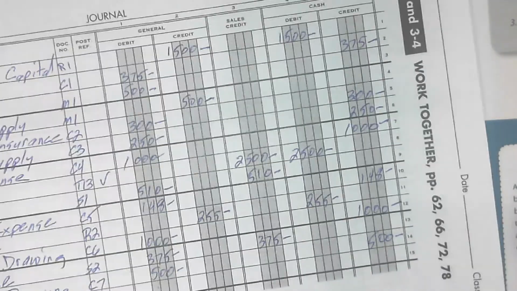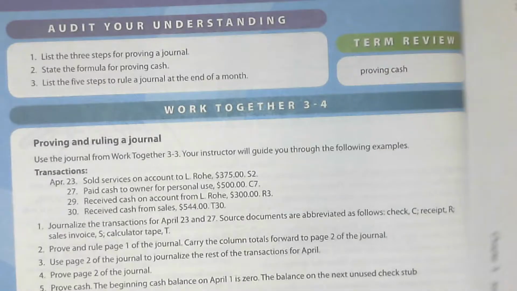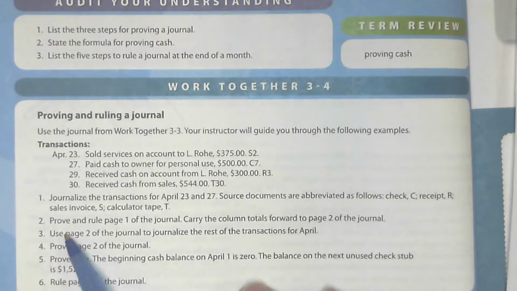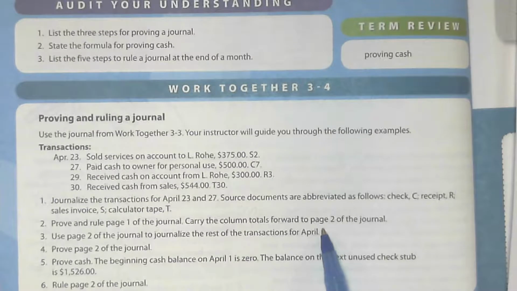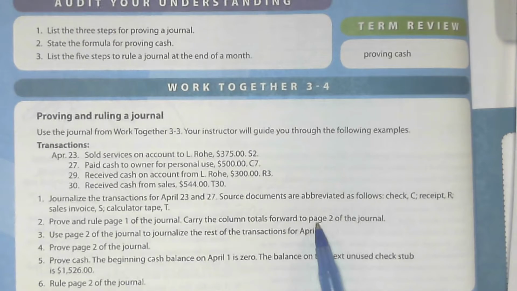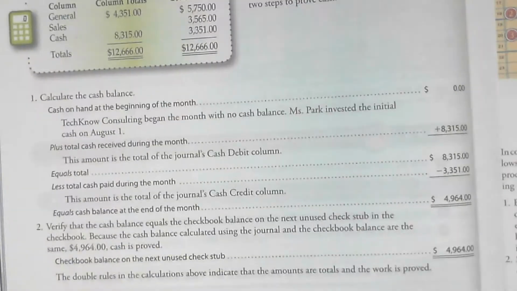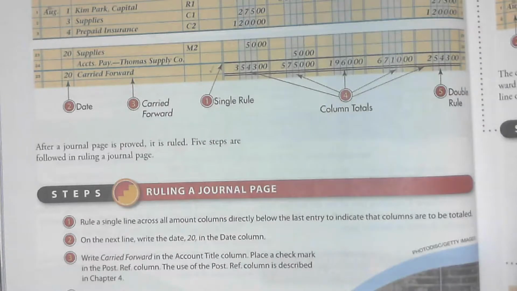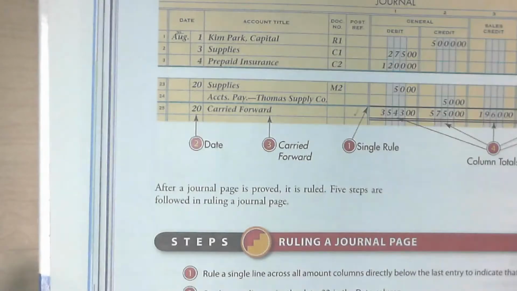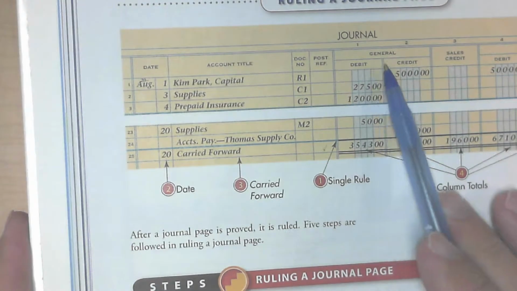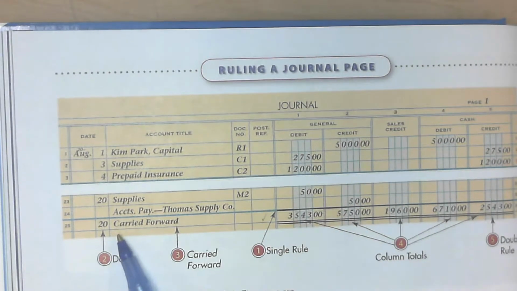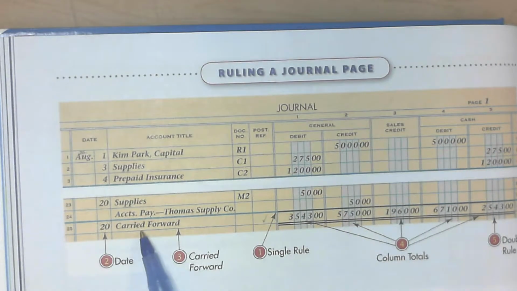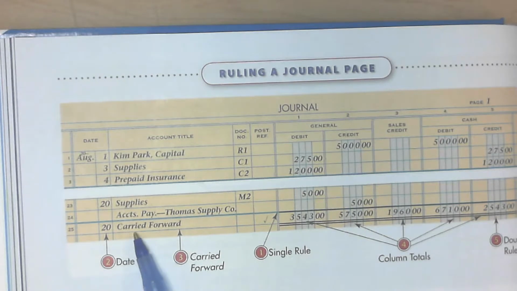So now how we're going to finish up this section. On step 2, it says prove and rule page 1 of the journal. Carry the columns forward to page 2 of the journal. So here, ruling a journal page. And at the bottom, instead of writing totals, we're going to write carried forward.